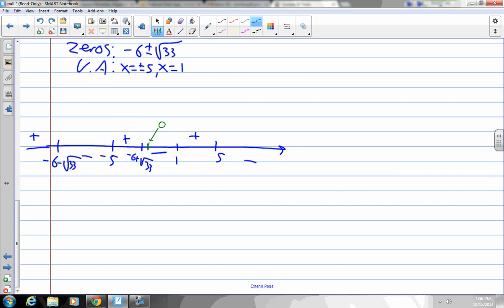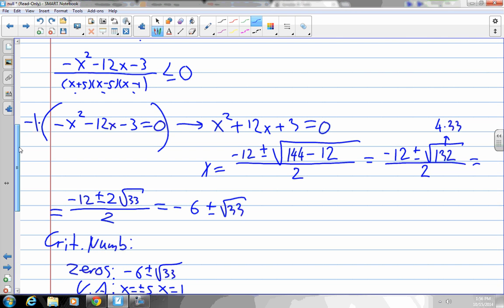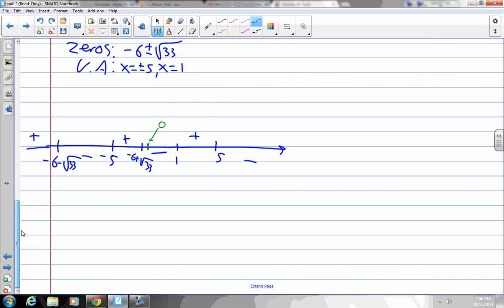So the question was less than or equal, right? So less than between negative 6 minus the square root of 33, putting a bracket around it because that's a 0, all the way to negative 5, put a parenthesis, because negative 5 is an asymptote, cannot include that.